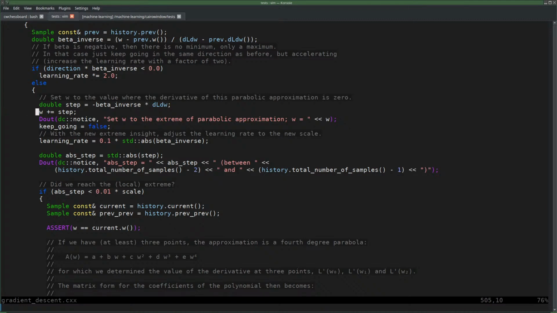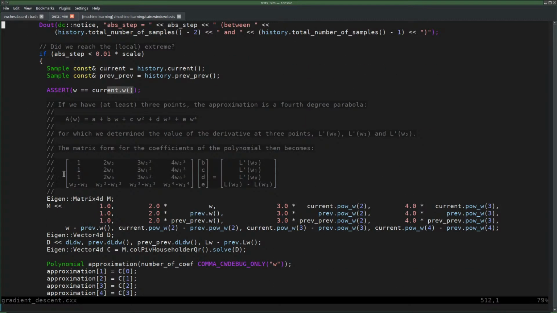Yes, I think that is what's going on. This point was never added to the history, and using the previous point did work, but now I'm changing W a little bit, so it's no longer equal to the current, and therefore I corrupt my matrix, because I'm using a different value here than I'm using for the squares and to the power 3, and that then gives the nonsense.